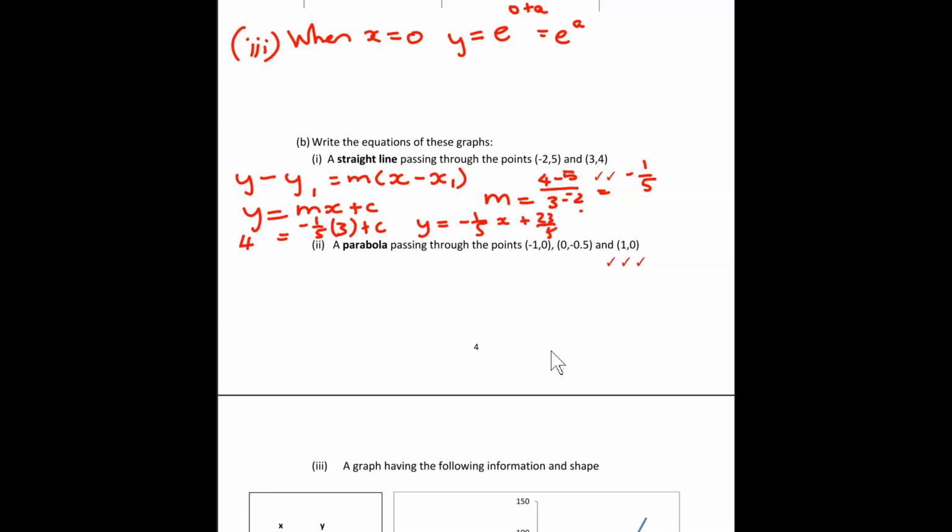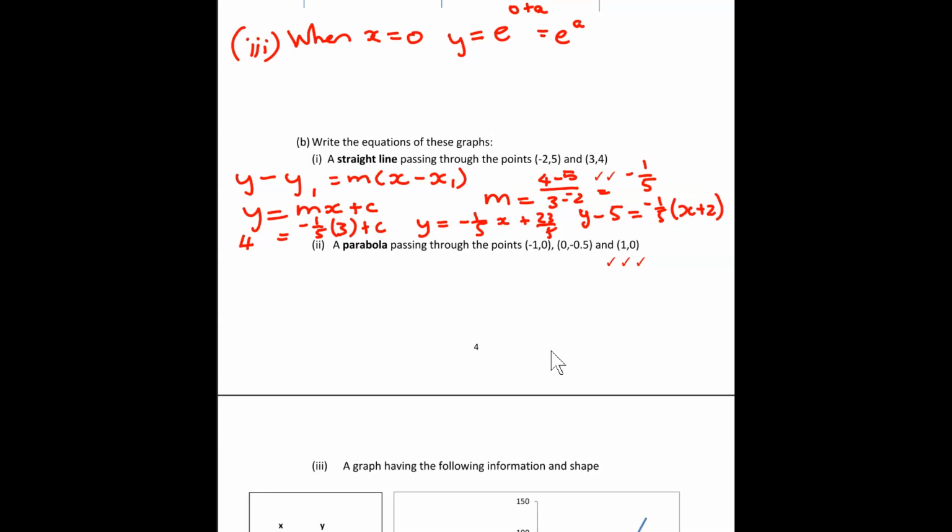Or you could have written it as y minus 5 equals negative a fifth times x minus minus 2. That also would have been fine.